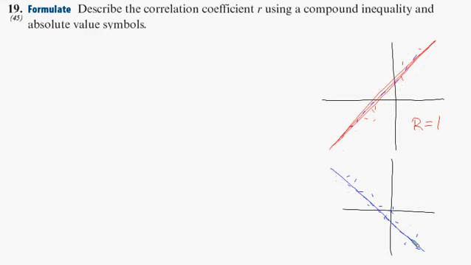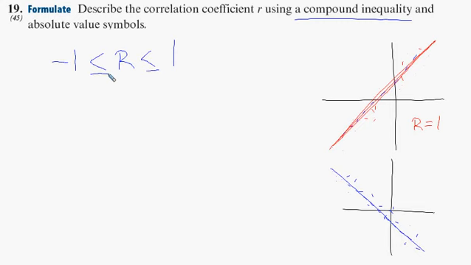So it can't be better than perfect, which means that the R values are all going to be between 1 and -1. So R is going to be between -1 and +1. So here's our compound inequality. I hope you can see that pretty quickly. Actually, technically, I think it should be less than or equal to.